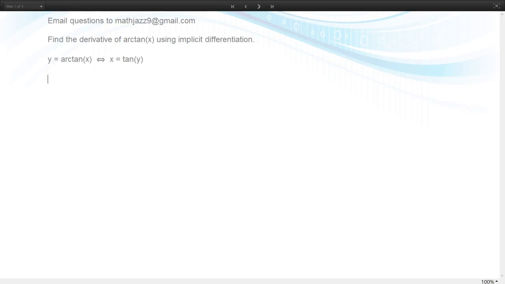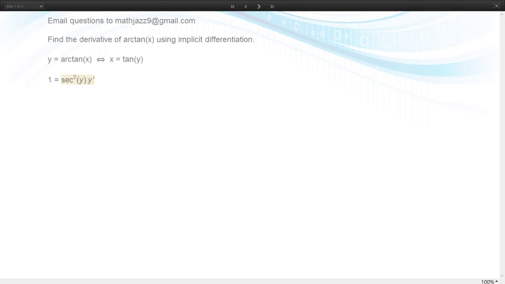So we use x equals tangent of y, and we take the derivative implicitly. So we get 1 is equal to the derivative of tangent, which is secant squared of y, and we multiply by y prime.